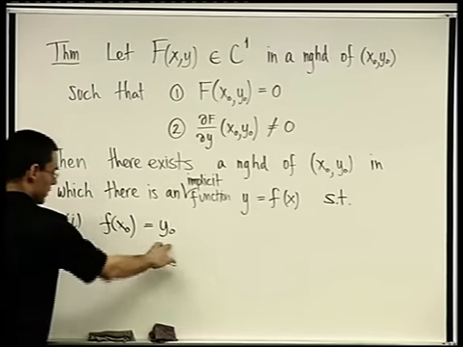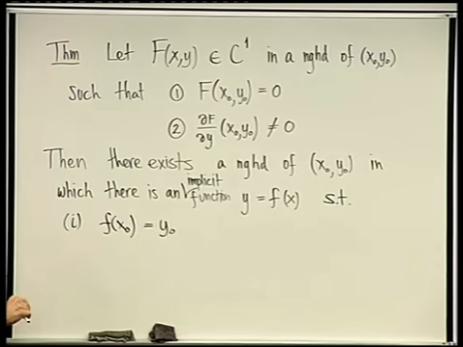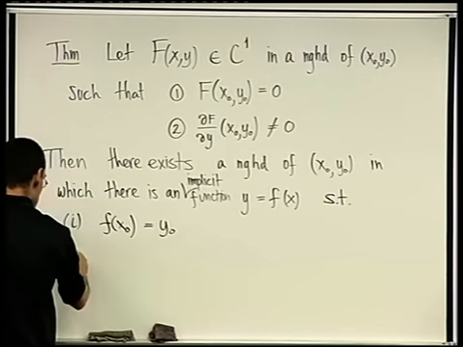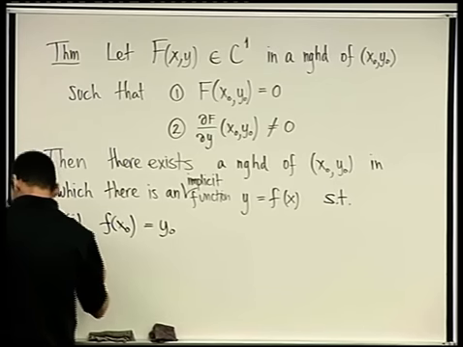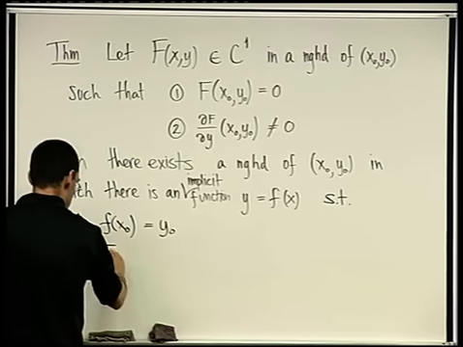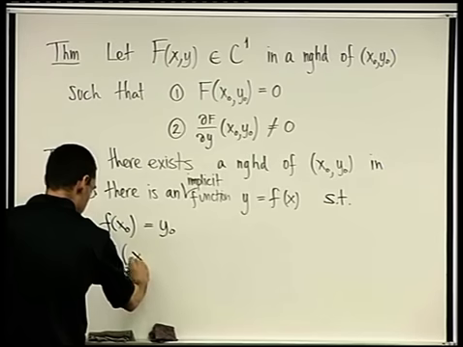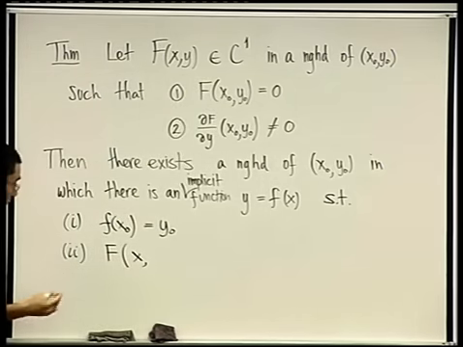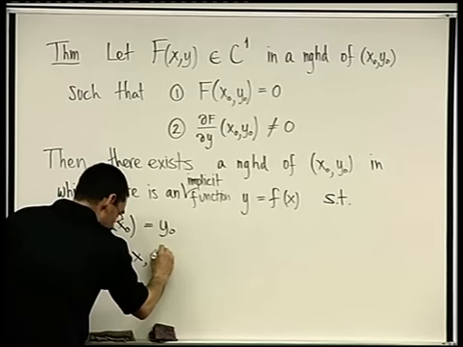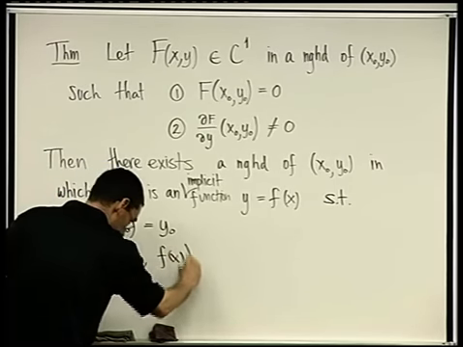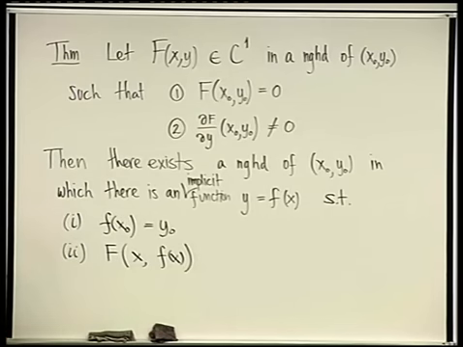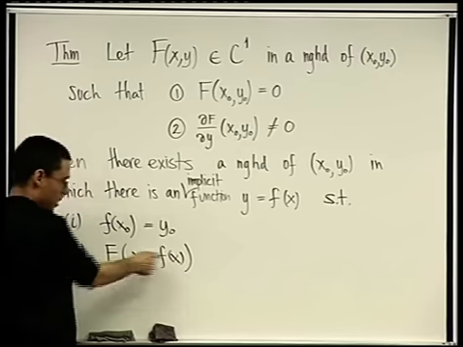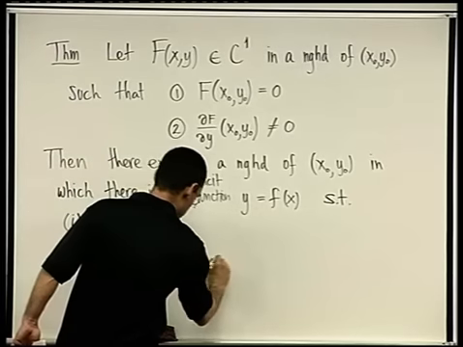So the point itself, x0, y0, satisfies it. 2, if we take our relation f(x,y) equals 0 and substitute the y's by f of x, that's saying writing y as a function of x, then we're going to get 0.